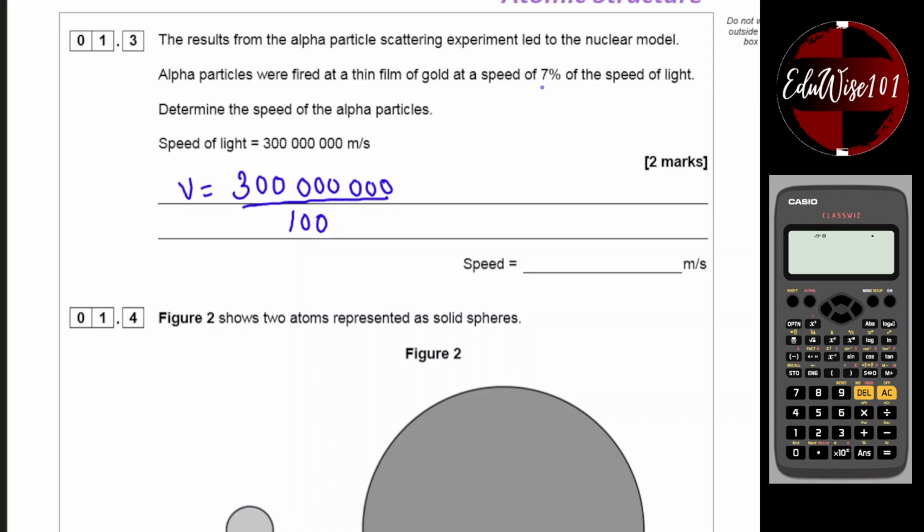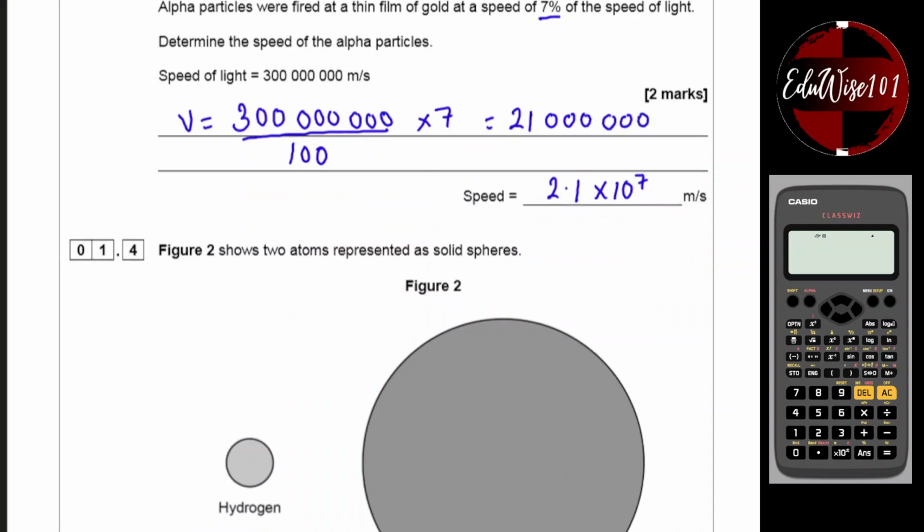You want to find 7% of that, so you multiply that by 7, which will give you 21 million. You can write it in standard form just to shorten it: 2.1 times 10 to the power 7 meters per second.